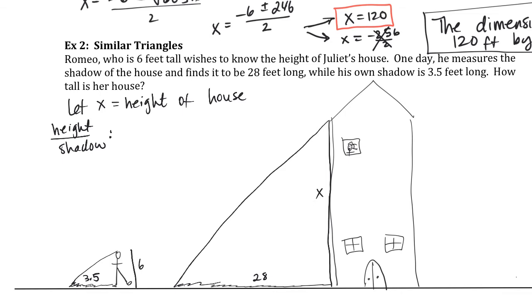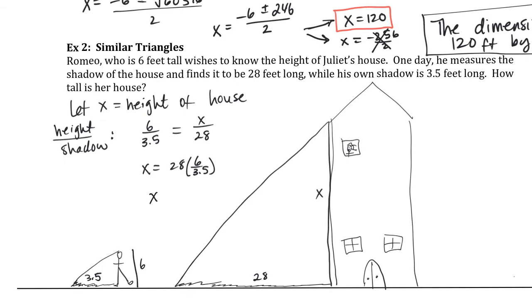So we've got 6 to 3.5 is the same ratio as x to 28. And then we can solve, so we just multiply both sides by 28 and we get 6 times 28 divided by 3.5. And so we have that the house is 48 feet tall. It's going to be quite a climb, Romeo.